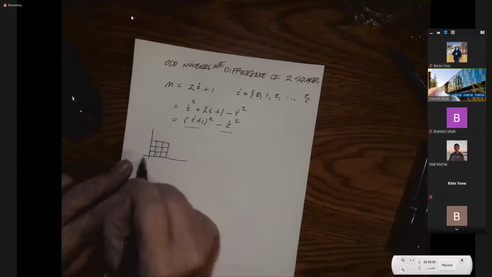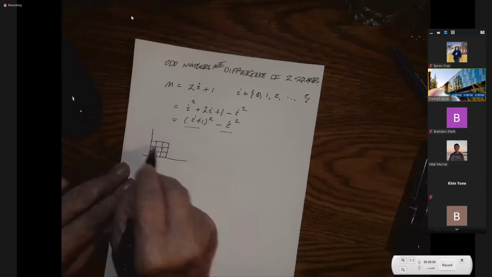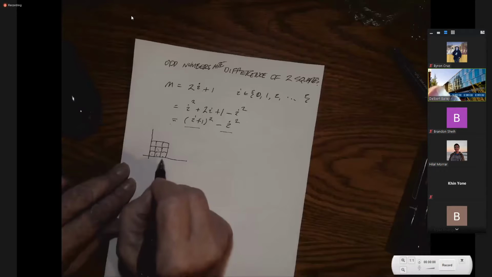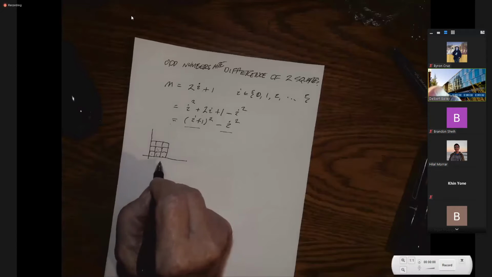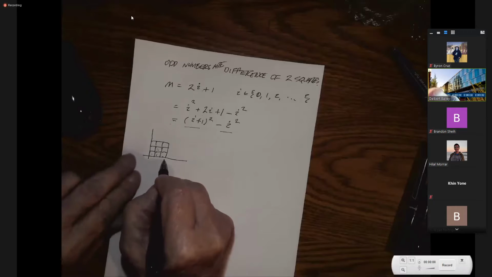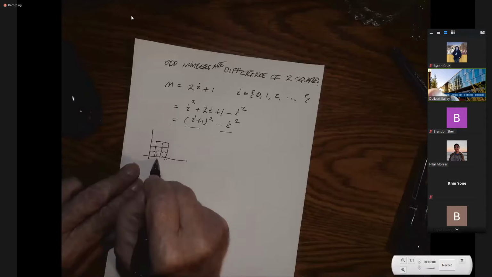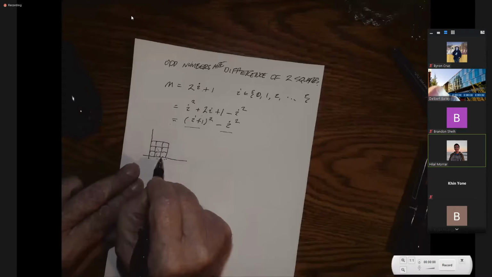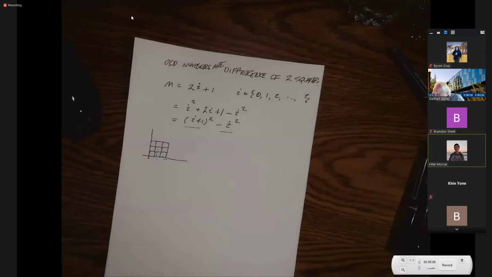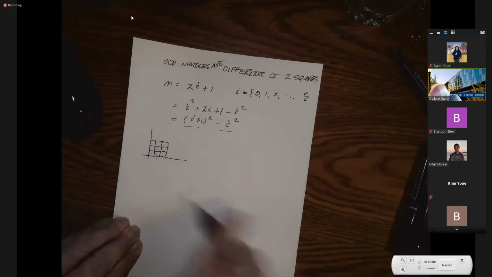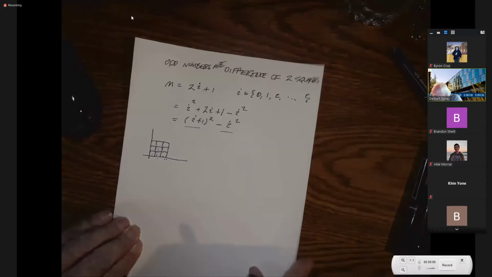If we go around these borders, these are the odd numbers: 1, 3, 5. So if I take 3 squared and subtract 2 squared, I've got an odd number here, right? That's cool. I think this is more fun than the algebraic magic.